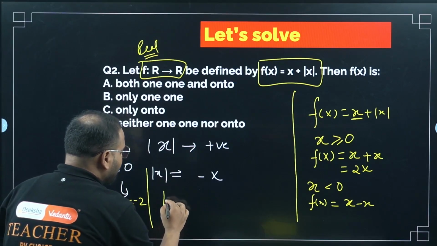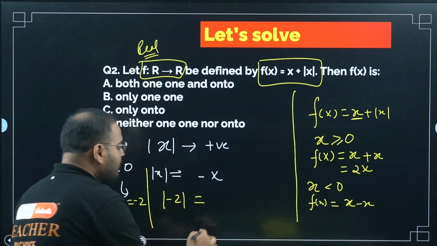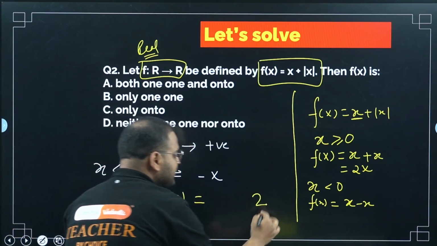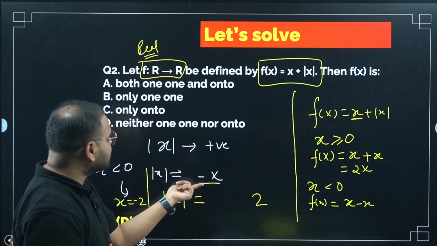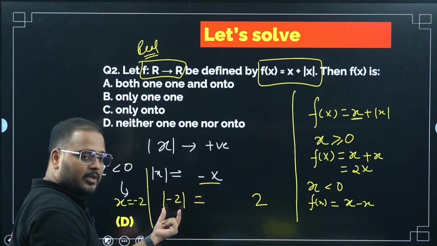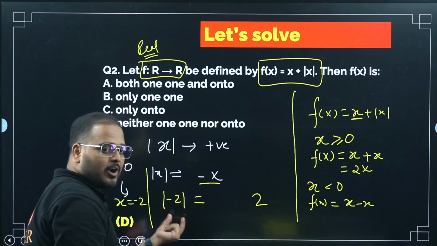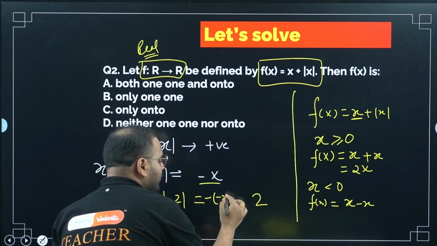So if I put minus 2 here, the answer will be positive 2. Why, sir? Because mod gives us positive. Then why have we written minus x here, sir? Because to make minus 2 positive, what the mod is actually doing is taking a minus sign over here.